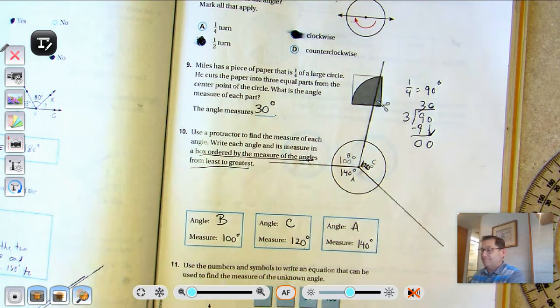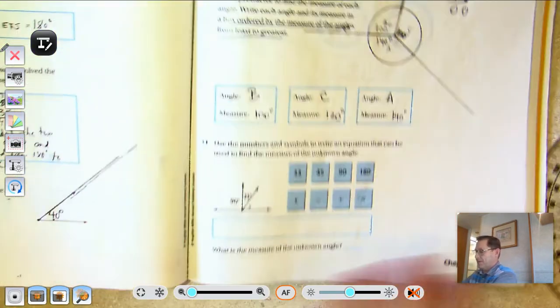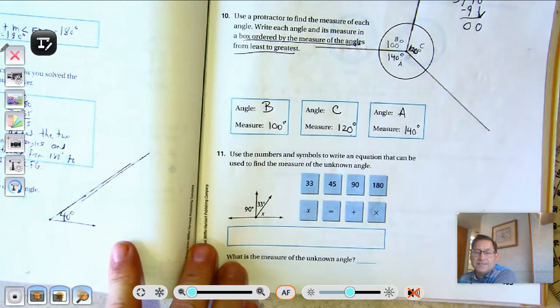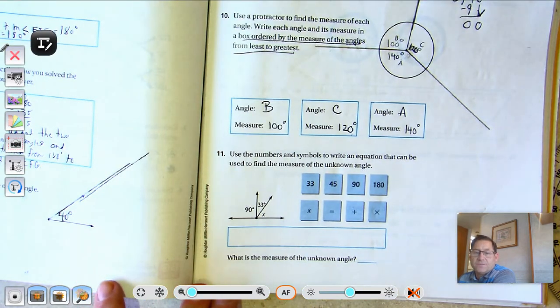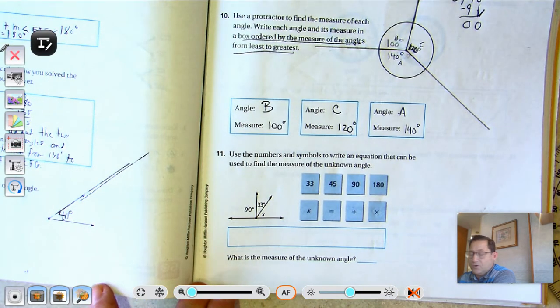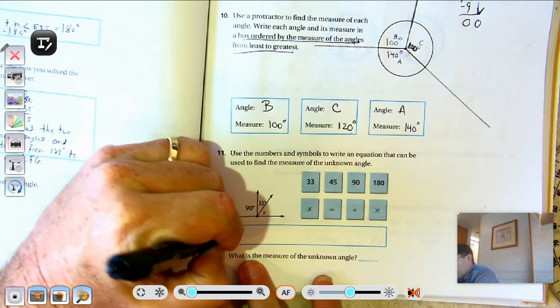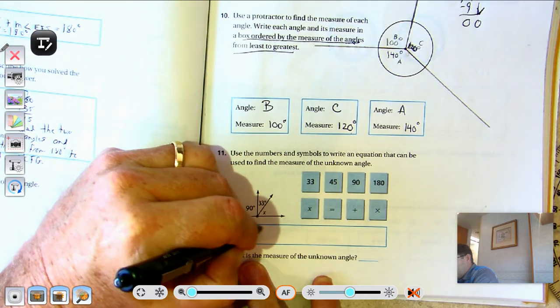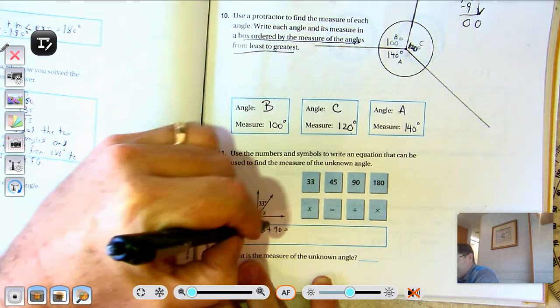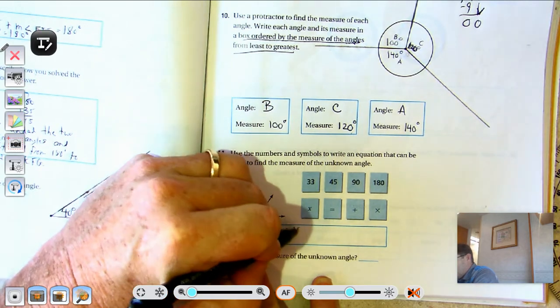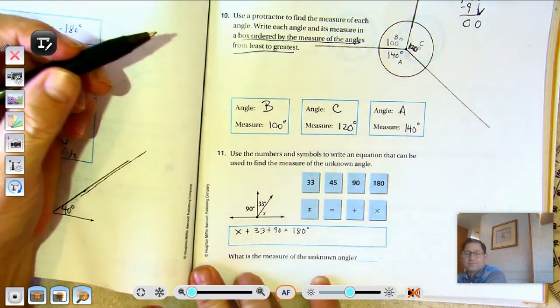All right, number 11. Use the numbers and symbols to write an equation that can be used to find the measure of the unknown angle. Well, we know that's going to be x plus 33 plus 90 equals a straight angle, which is 180.